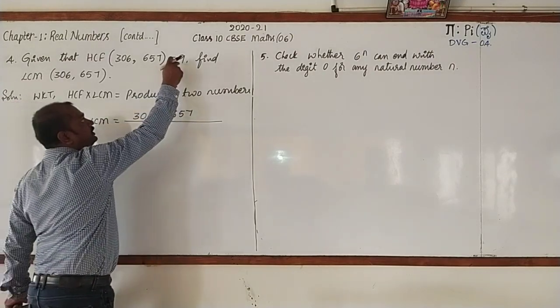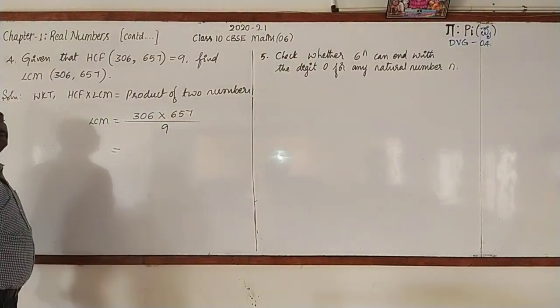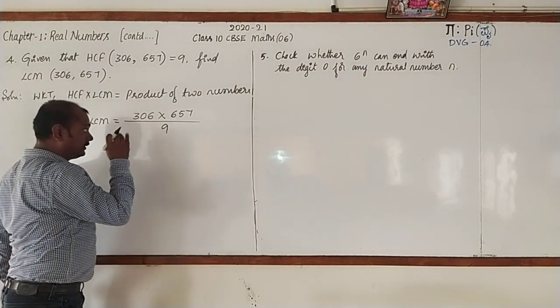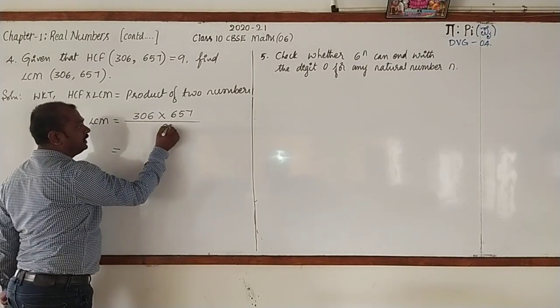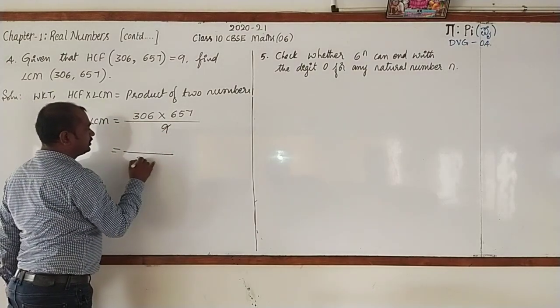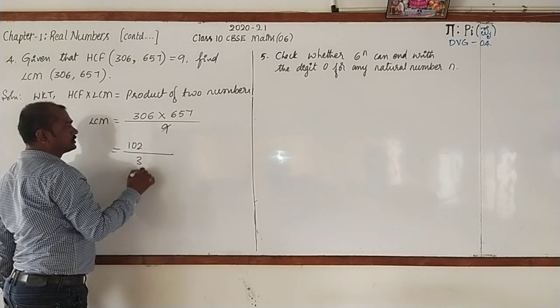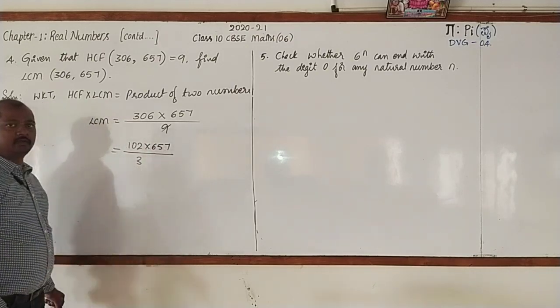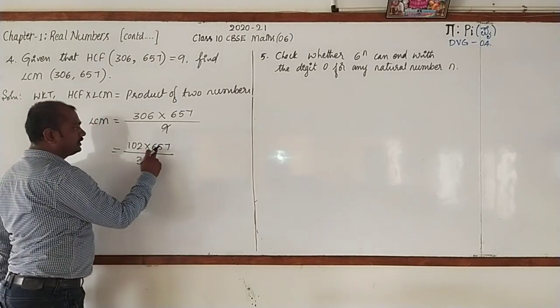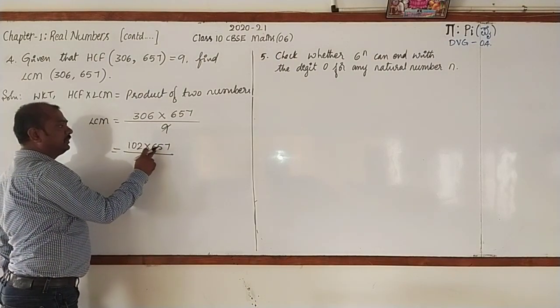What is the HCF? It was given. It is 9. Now it can be cancelled by 3 because both are multiples of 3. 3 3s are 9, then 3 1s are 3, 0, 2, that is 102, into 657. Then can we go for cancelling this one? See that 6, 7 plus 5, 12, 12 plus 6, 18. Multiple of 3.